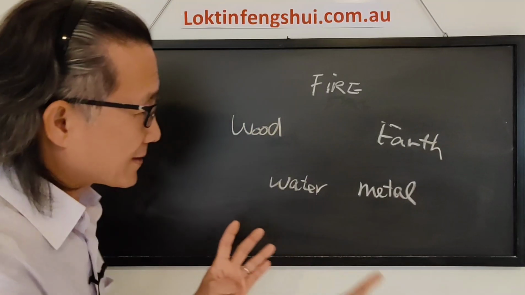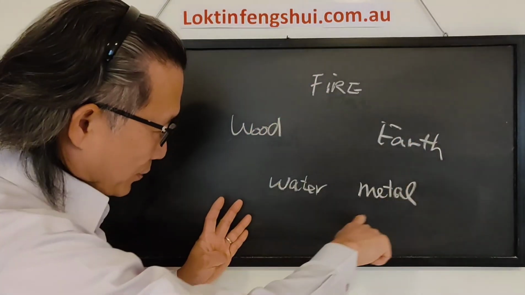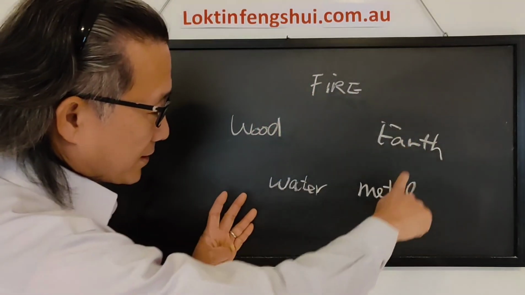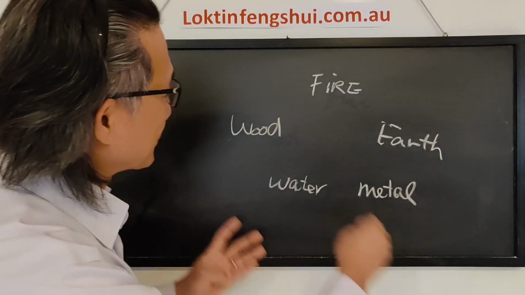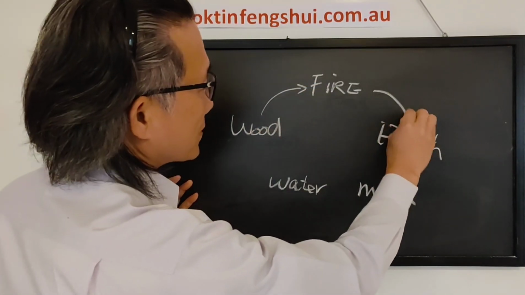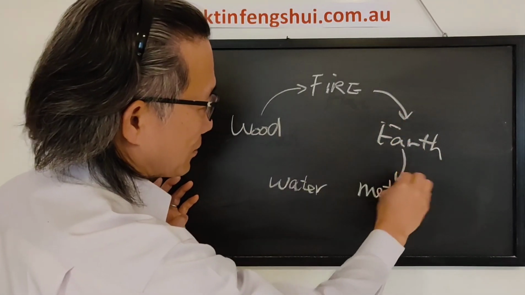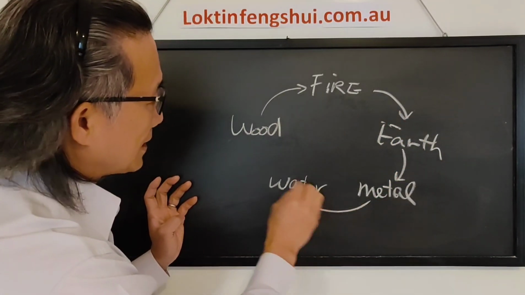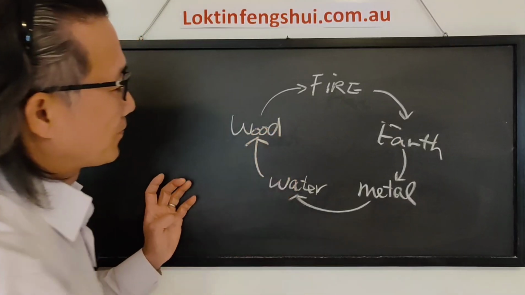These 5 elements are in a producing cycle, or enhancement cycle. Wood produces fire, fire produces earth, earth produces metal, metal produces water, and water produces wood.